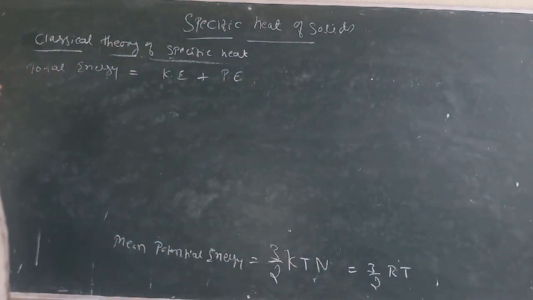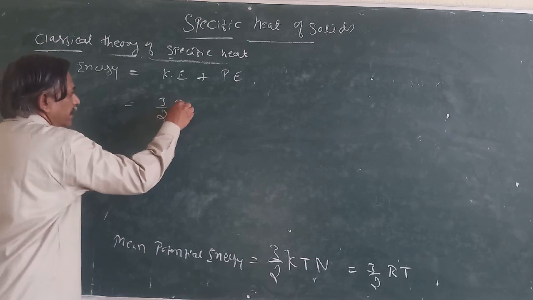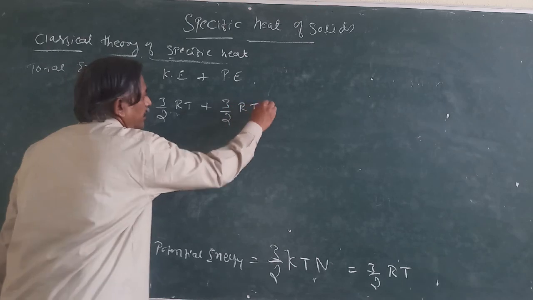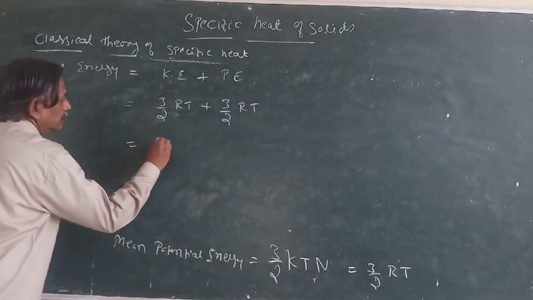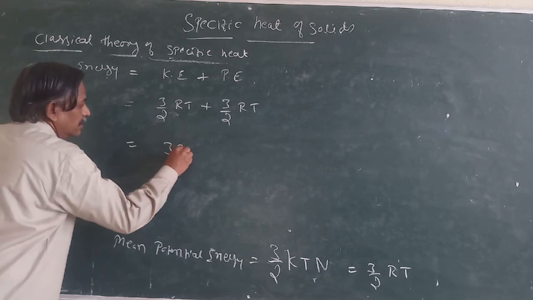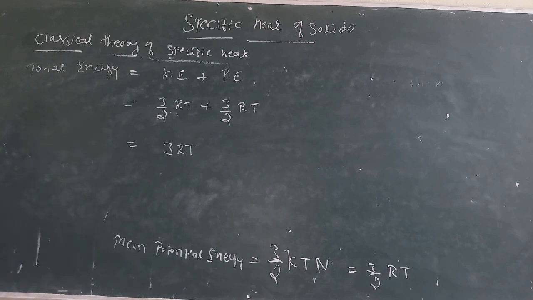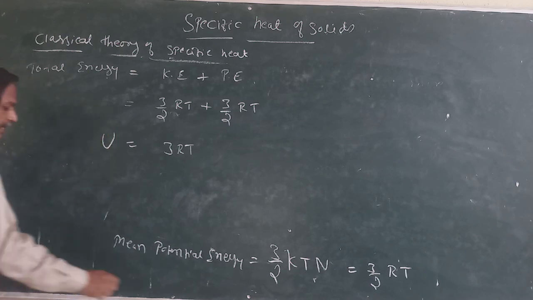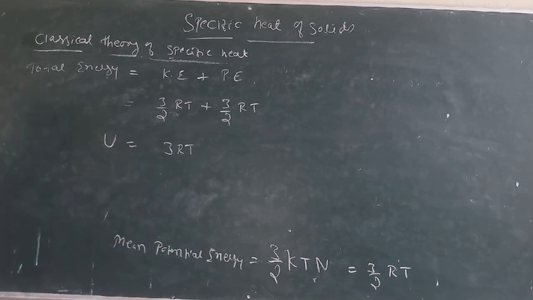Kinetic energy is 3/2 RT plus 3/2 RT for the potential energy. Now this we can write as 3RT. So the internal energy U is equal to 3RT.